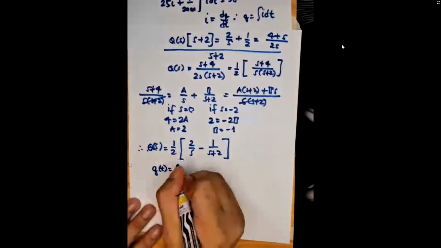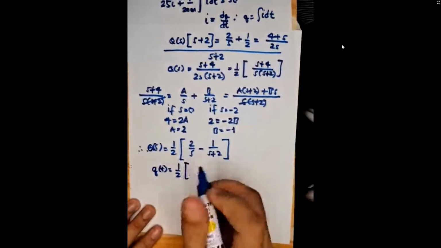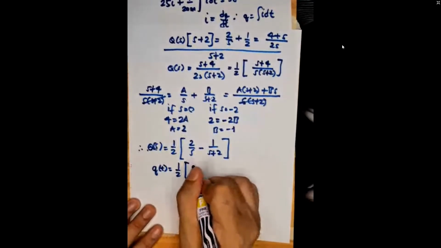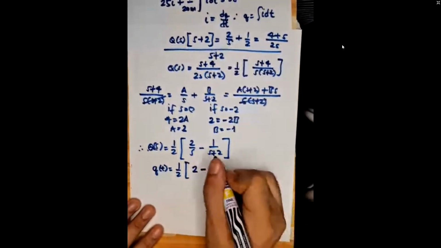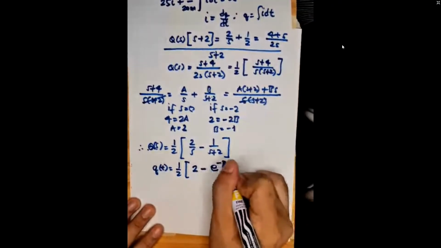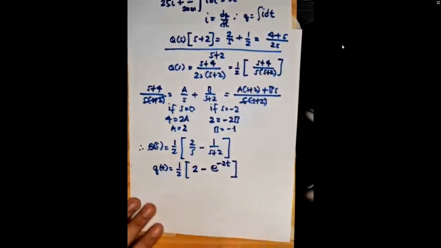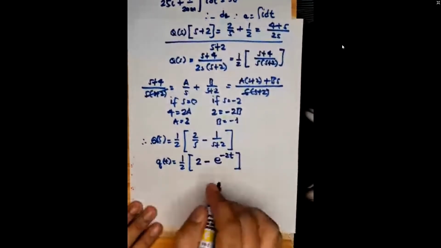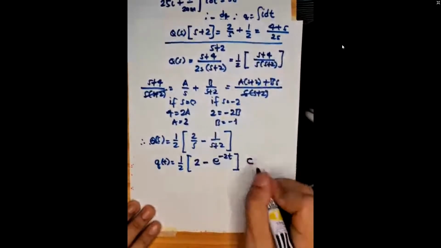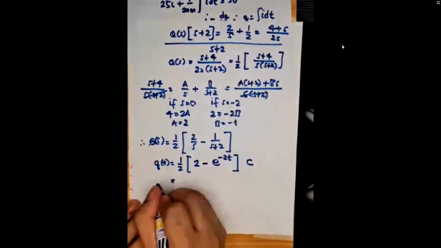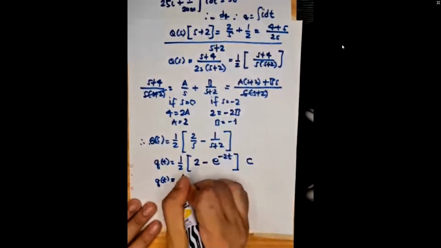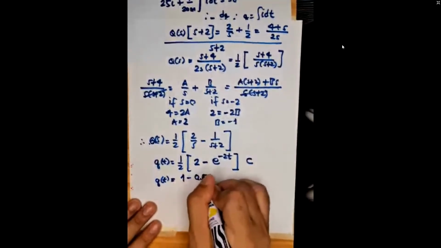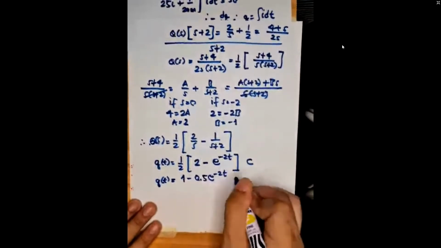So that will be 1/2 times, so this is 2 minus, so this is E raised to negative 2t. Ayan. And ayan na yung sagot, coulombs. Okay, pwede natin isama na din naman yung 1/2. So this will be 1 minus 0.5 e raised to negative 2t coulombs.